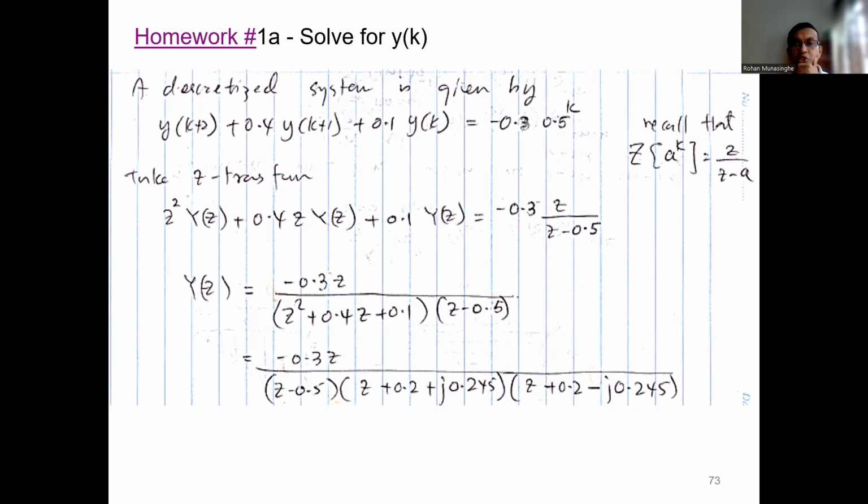Maybe you were a bit shy to make the move at that point. But if you proceeded, you would have gotten these expressions here, the second term and the third term. Then you can see this is 0.826 e to the j 1.234, and the same here, 0.826 e to the minus j 1.234.